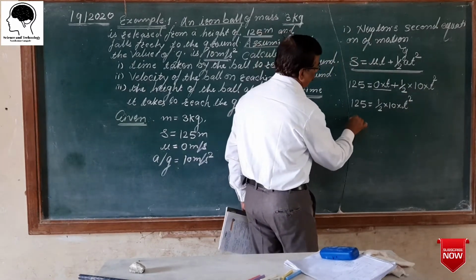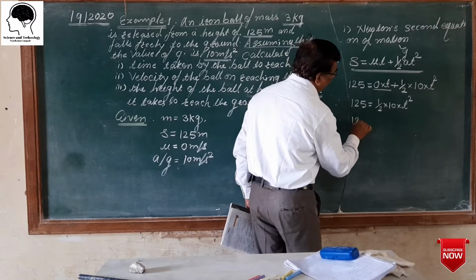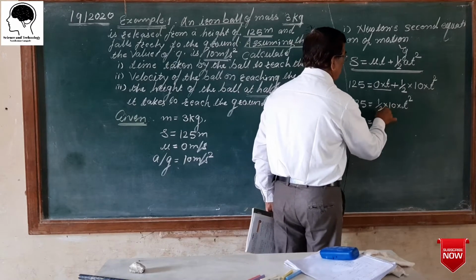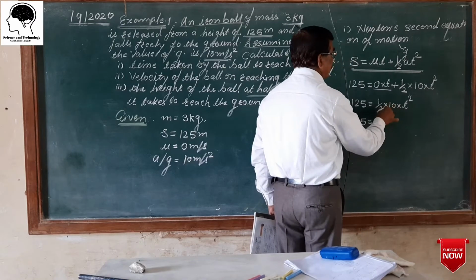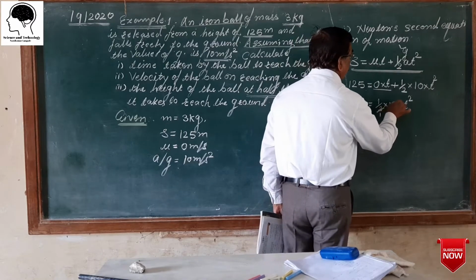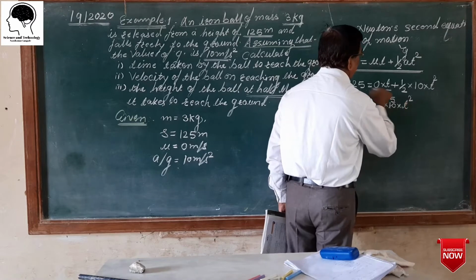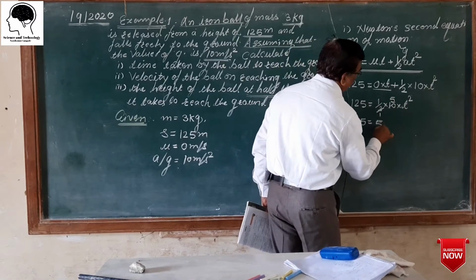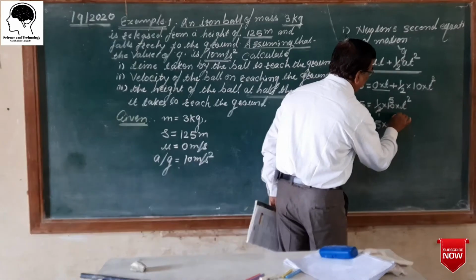Then 125 is equal to 10 divided by 2, that is 5, into t square.